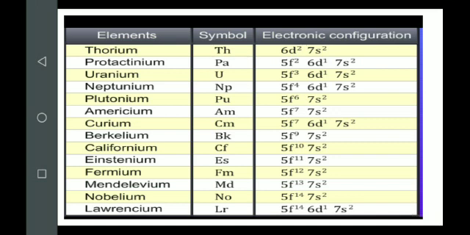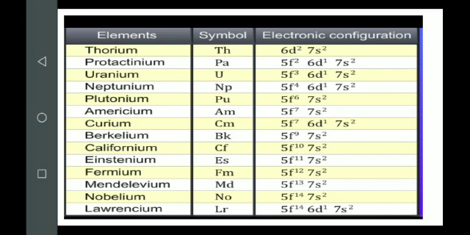So the half lives of some of these actinoid elements are very high, and the half life of some of the actinoids is very low. Now all the other actinoid elements after thorium and uranium are produced as the radioactive decay products of these uranium and thorium.